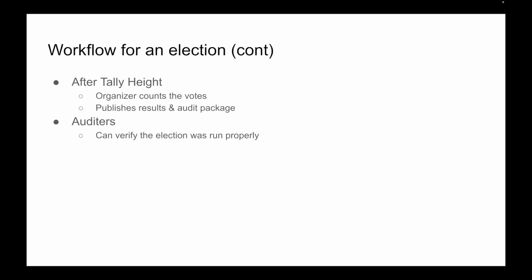So the audit package is essentially a copy of all the messages that he has received, and it will allow any auditor or any participant or anyone who is willing to check to verify that first the messages that are in the package match with the receipts that are in the blockchain, and also that the values are counted properly. So that's how you run the process.